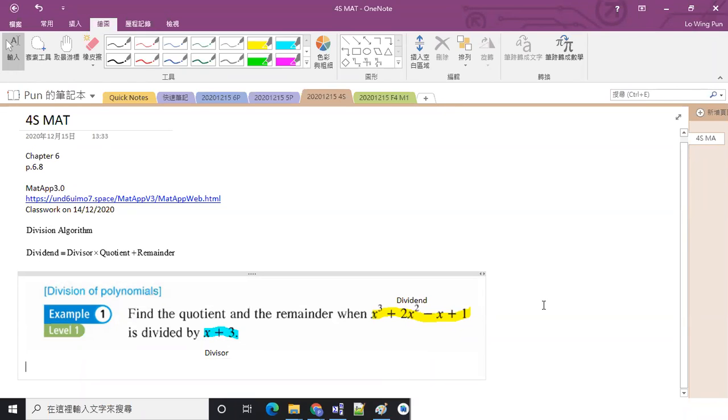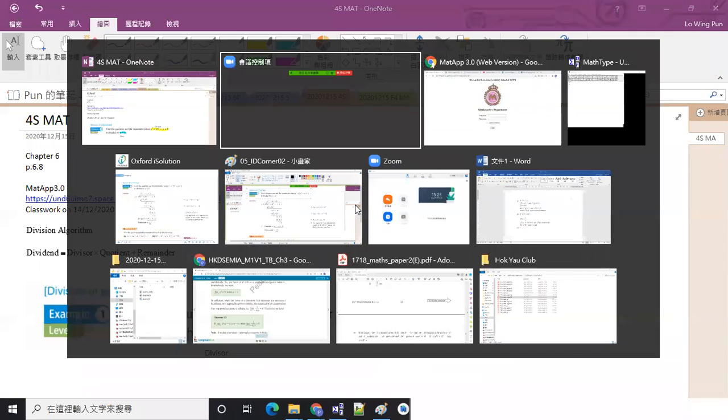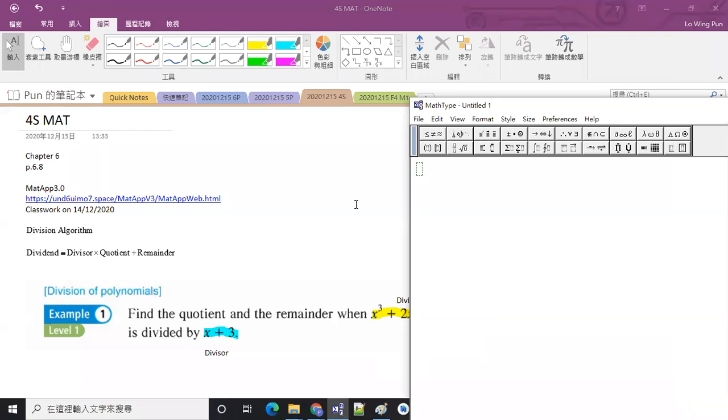Okay, and then 琴日比較重要嘅就係關於個 degree 嗰樣嘢，我唔記得咗添，而家寫翻出嚟。Degree, OK, the degree of the quotient is always equal to the degree of dividend, and then minus the degree of divisor.